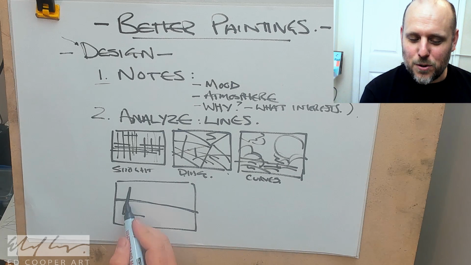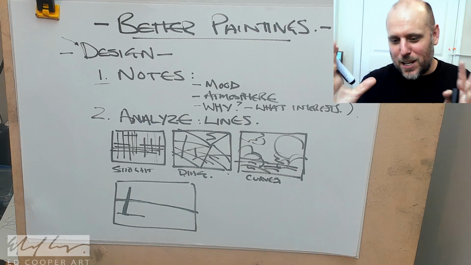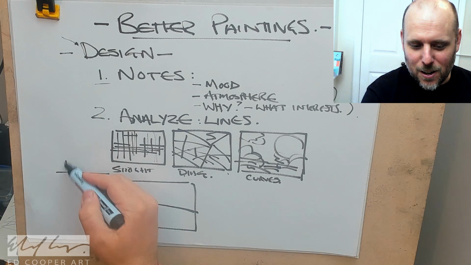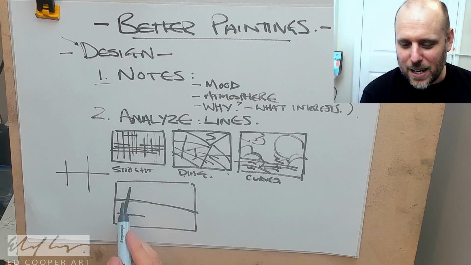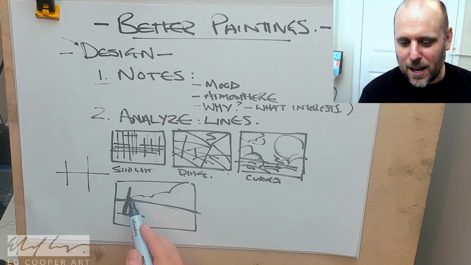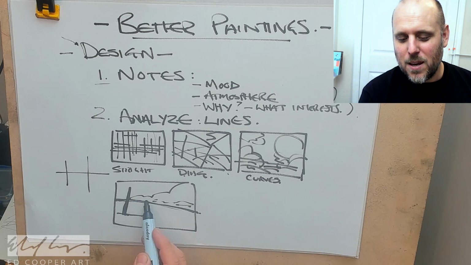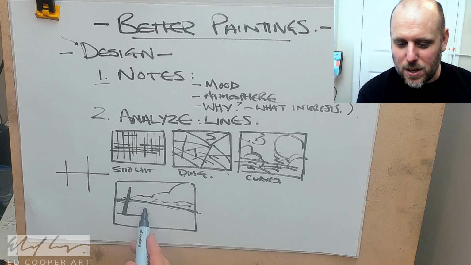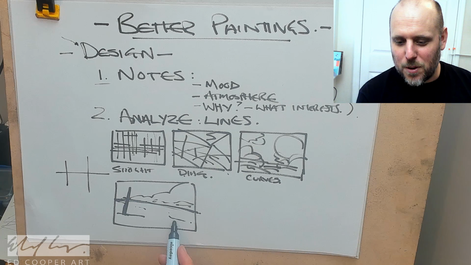Instead of everything being straight and almost drawn with a ruler, it can just add interest. So when you have a diagonal like that, you often balance it with a diagonal that goes the other way. And when you move things like that, you can still compensate for them.